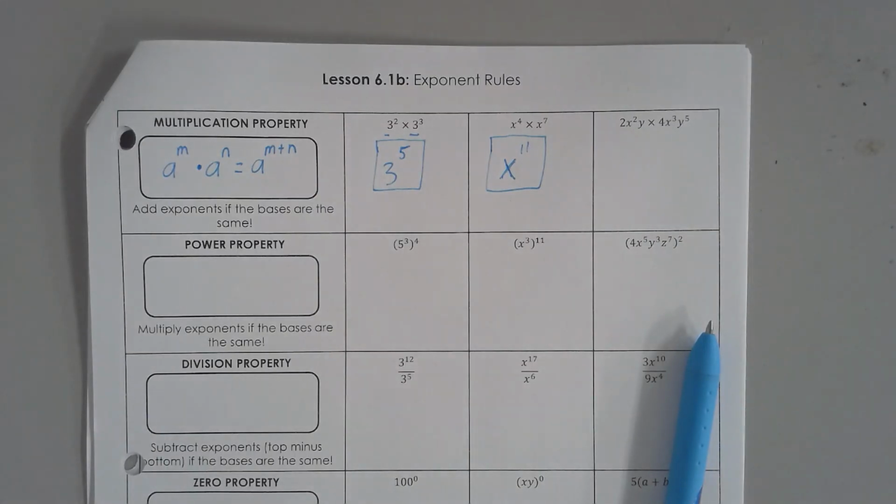If you multiply the 3's and get 9 to the 5th, then you can see your answer's way off. So your bases are always going to stay the same, but the exponents you add. A good question.